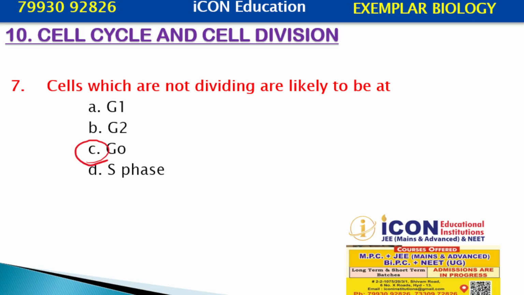In G0 phase, the cells are metabolically active, but they do not divide, they do not proliferate. So cells which are not dividing are likely to be at G0. Or the related question asked will be, cells which exit the G1 phase undergo G0 stage.